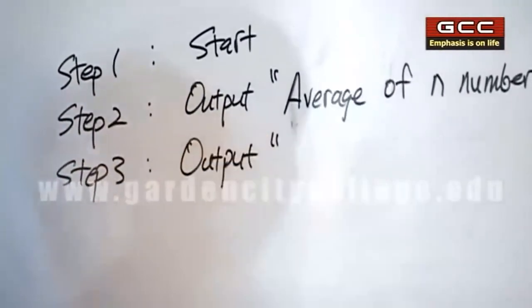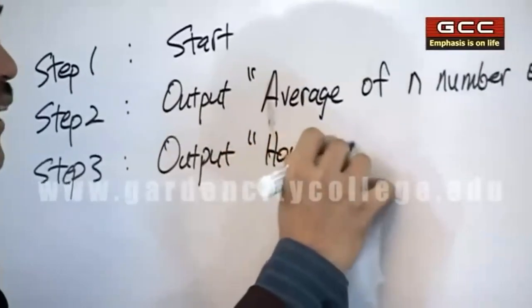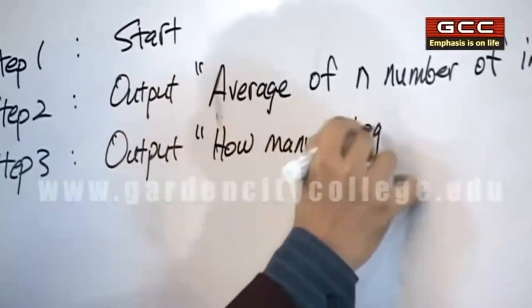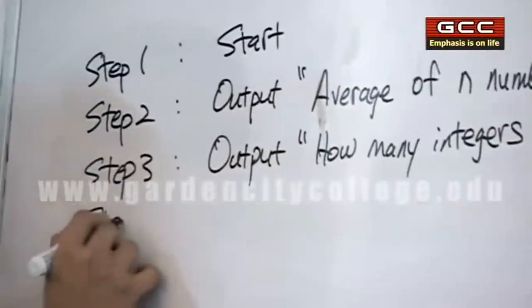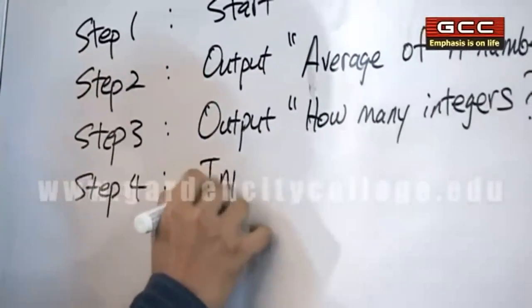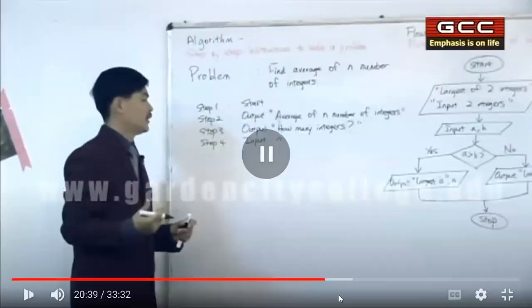So we have to ask a crucial question: how many numbers do you want to insert? How many integers? Step 4, we input n. So n refers to how many numbers. All right, what is n?